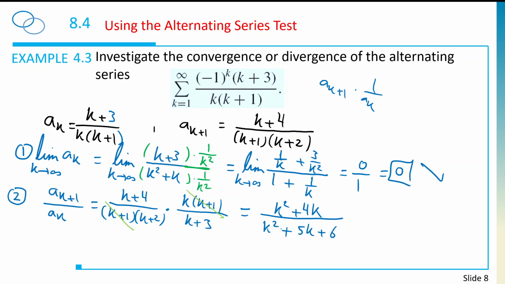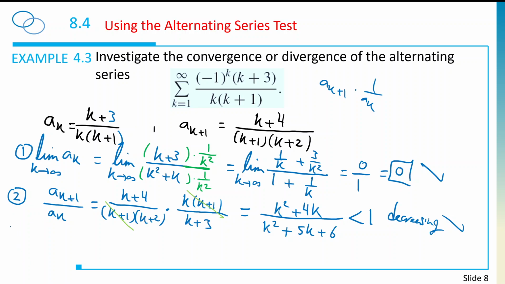Clearly, if you compare, this is k squared, they are the same. 4k is smaller than 5k. 0 here, there's nothing. 0 is less than 6, so this is clearly less than 1. So this is decreasing. So the second condition is satisfied.